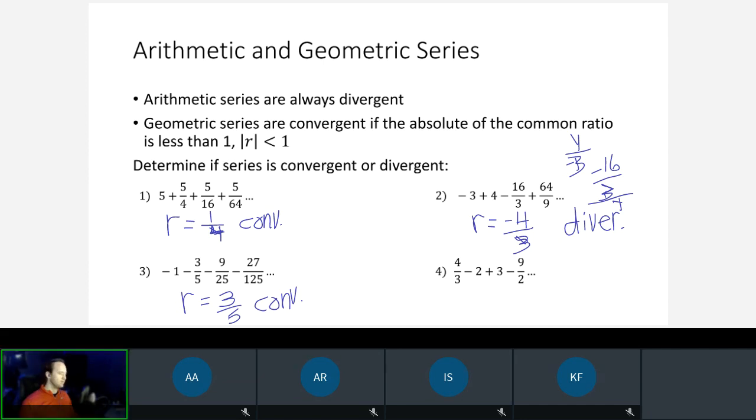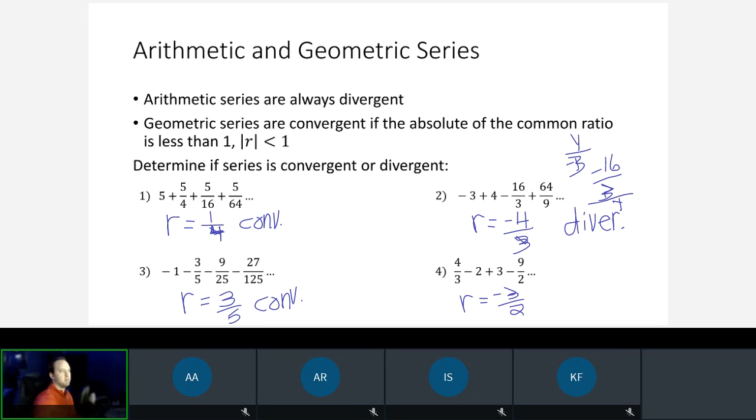Oh, sorry, the common difference. This one is geometric, with common ratio -3/2.